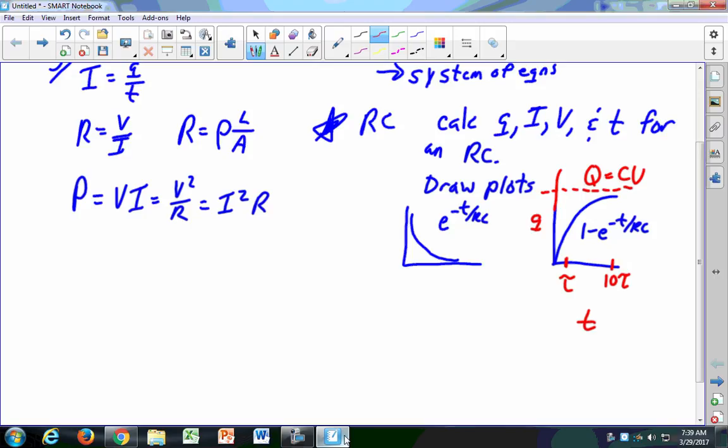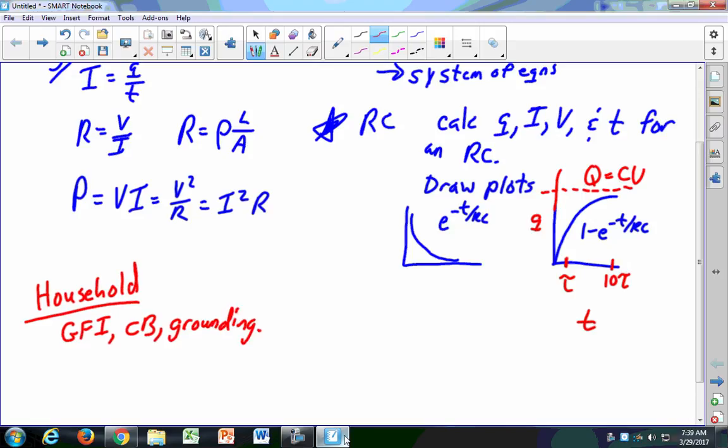You need to know household circuits. You need to know GFI, circuit breakers, and you need to know grounding. For each of those, you need to know what they do, what they protect people against, and then how they work. And I'll ask you to write a few sentences describing that.